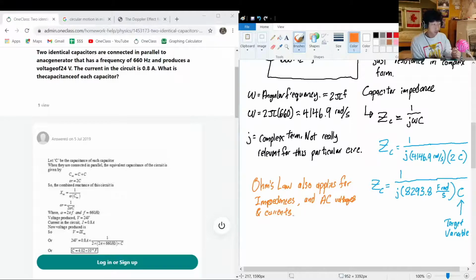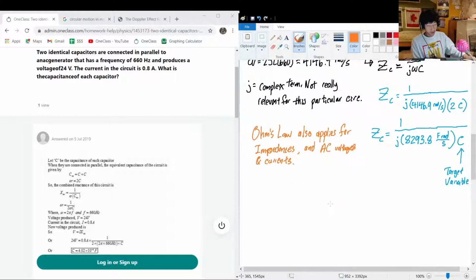But we'll need to find the magnitude of them. So I'll switch back to blue because it's more related to that. Since impedance is a complex number, convert to magnitude.